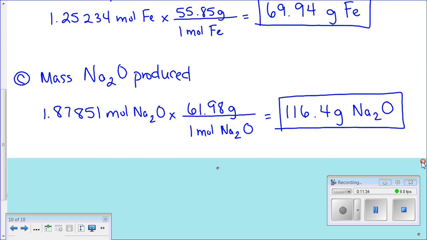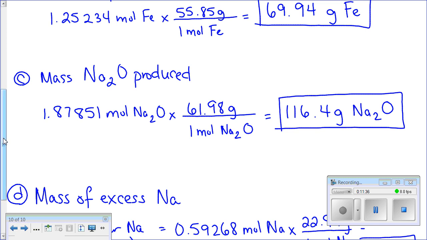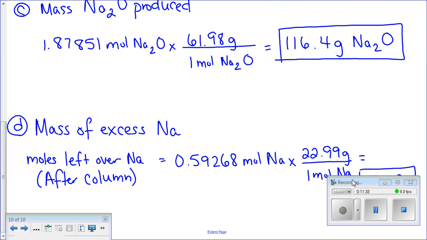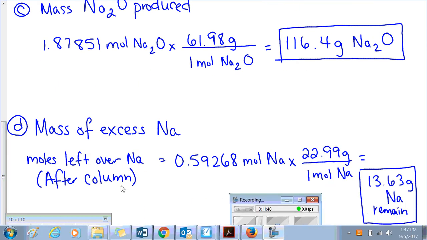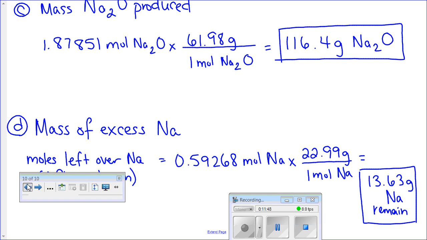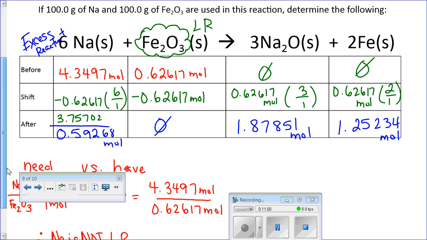And then the last question asks you what mass of your excess remains. So at the end of this, I have 0.59268 moles of sodium left over. And I can look back at the table and make sure that number is correct. Yep, right here. Okay, so I started with this amount of moles of sodium.